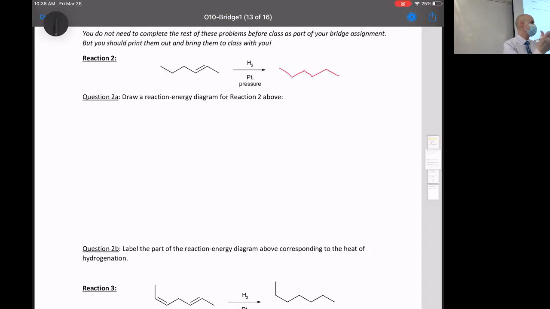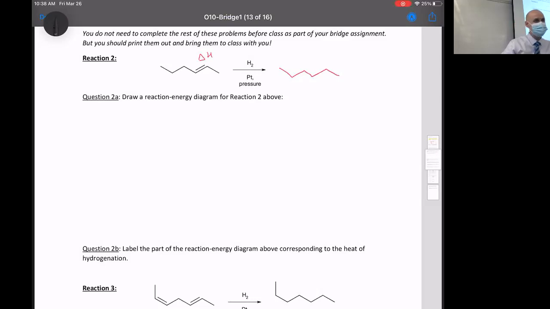All right. So Angel, would this go up in energy or down in energy? It would go down. So the delta H for this reaction, specifically for this double bond. Looking at this double bond here, we can predict how much it'll go down in energy.